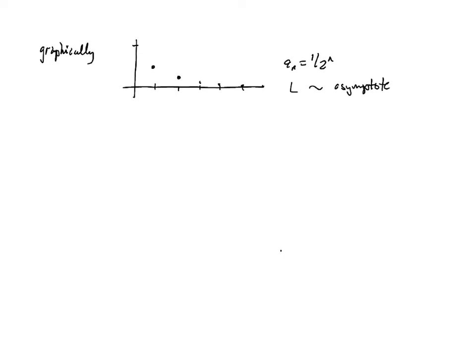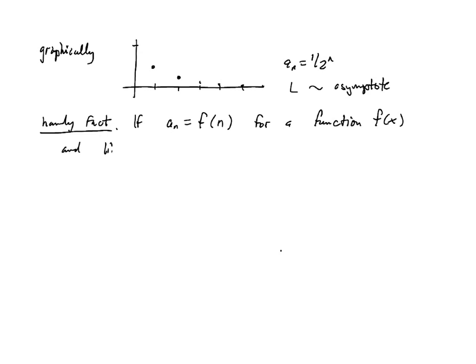And this is made absolutely clear by the following handy fact. If a_n is described in terms of a function f evaluated at the numbers n, and if that function has an asymptote, or a limit at infinity, then that sequence has the exact same limit.